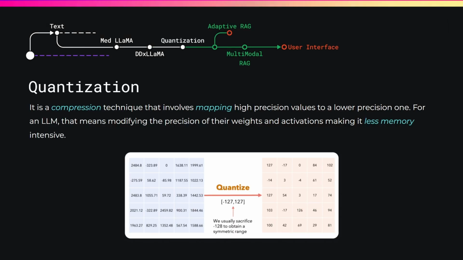With the fine-tuned MedLlama ready, even getting inference out of these models is not very cheap on the compute end. Again, it would require about 32 GBs of VRAM just to get inference out of this fine-tuned MedLlama 2. So we came across a technique known as quantization.